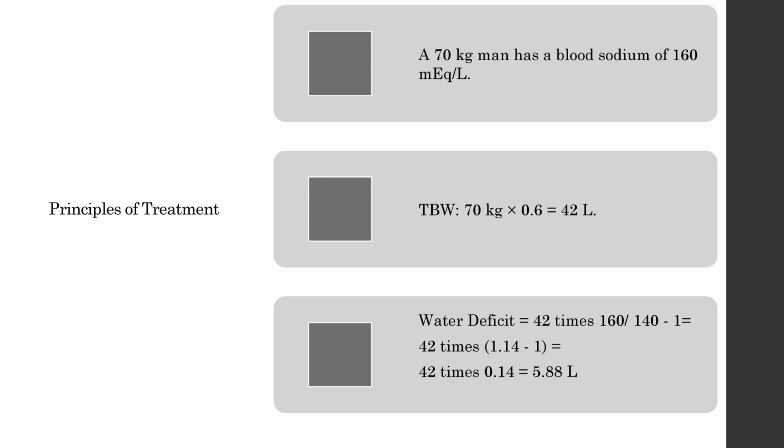Water deficit equals 42 times 160 divided by 140 minus 1, which is 42 times 1.14 minus 1, equals 42 times 0.14, which is equal to 5.88 liters. This means the man needs 5.88 liters of pure water to bring his sodium level back to normal.